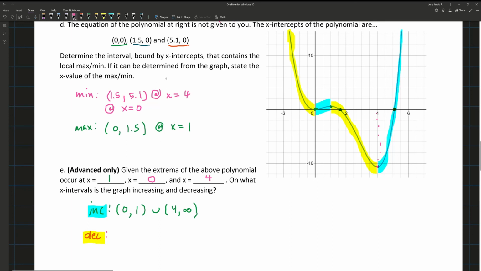So this is just making sure you're moving left to right and you're working your way down, which down and right would be decreasing here. So we've got negative infinity to 0, not included, and then 1 to 4, not included.